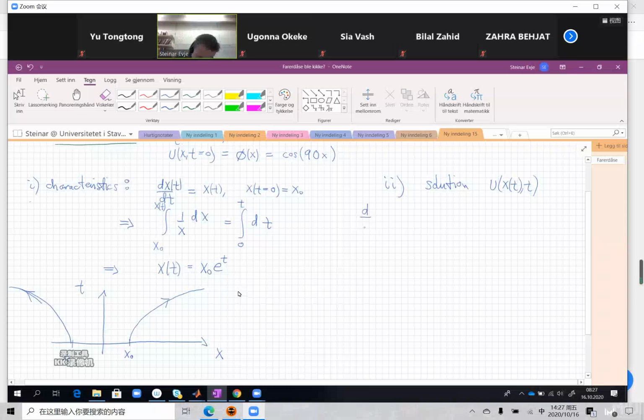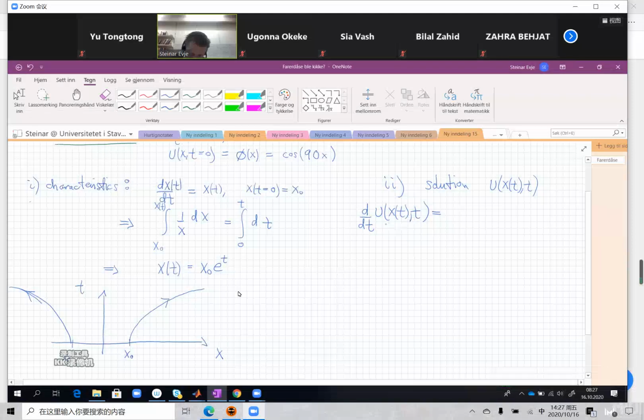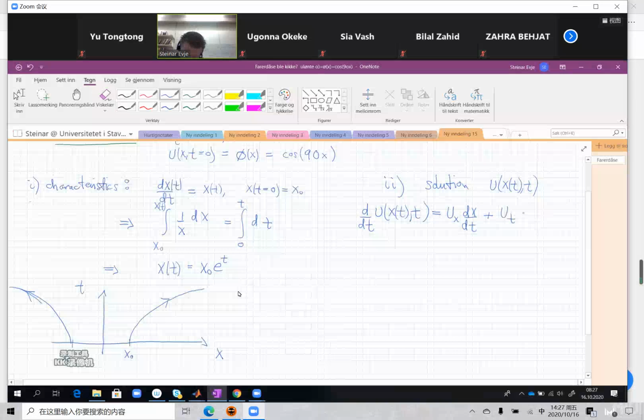More precisely, we take the time derivative of u restricted to the characteristic. When we carry out the differentiation, we first have to take the derivative with respect to the first argument, but then according to the chain rule, we have to take the derivative of x, which is u_x, times the derivative of x with respect to t, plus the derivative with respect to the second argument.